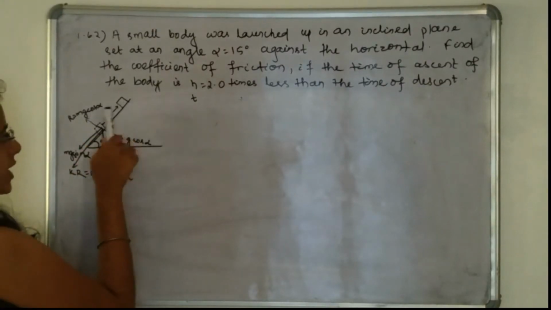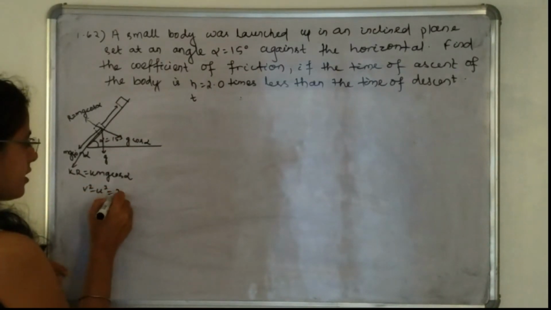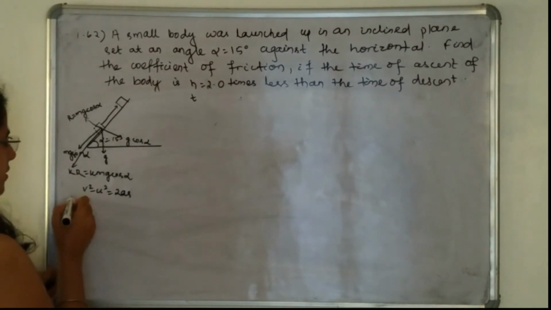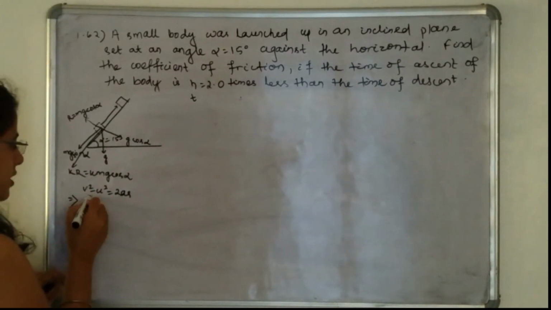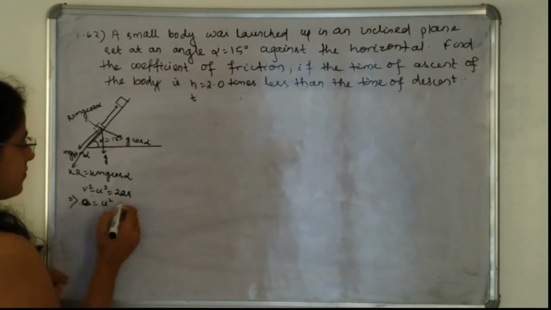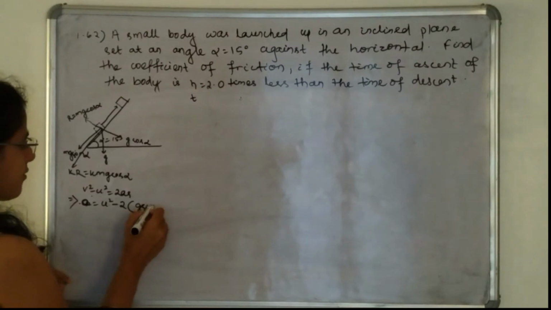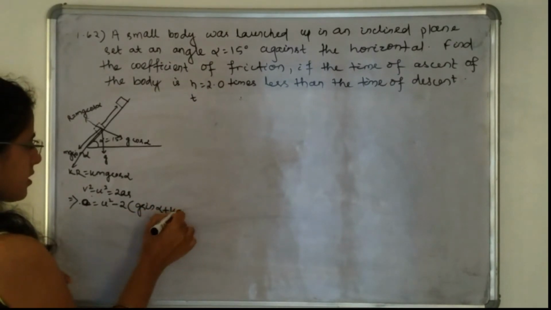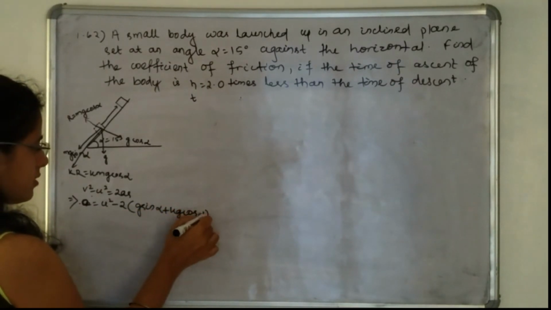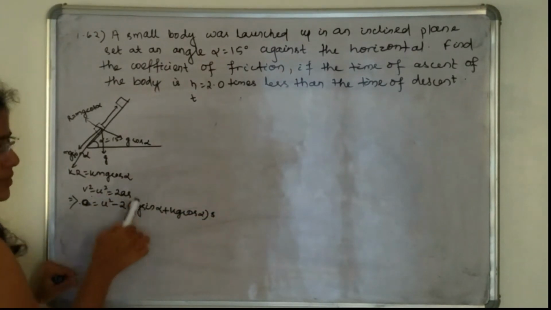Next we apply the kinematic equation for this inclined plane. v square minus u square is equal to 2as. v is 0, so 0 is equal to u square minus 2 into (g sin alpha plus kg cos alpha) into s. Why am I writing this a with a minus?